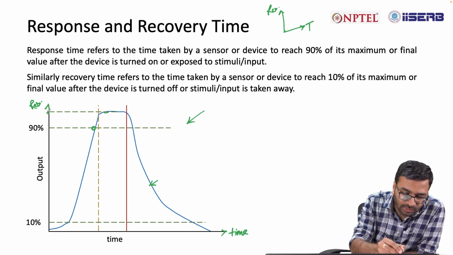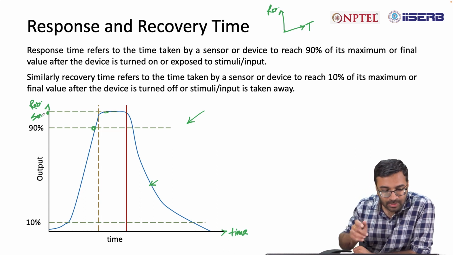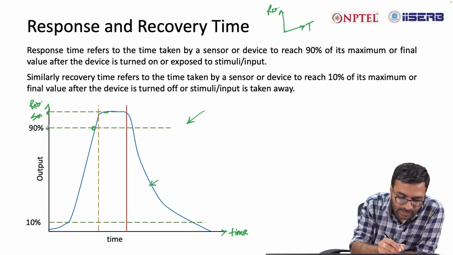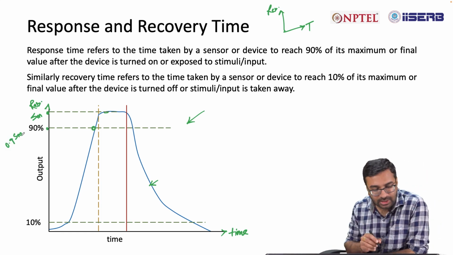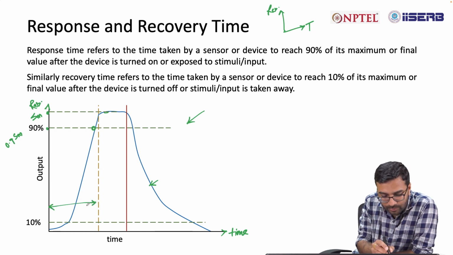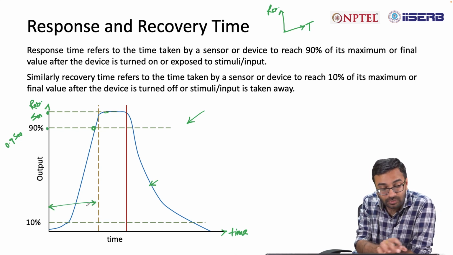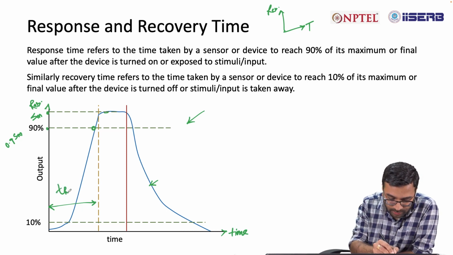This particular value is the maximum response, you can say S maximum, and this point is showing 90% of S_M, that is 0.9 S_M. The time taken by the sensor to reach 90% of the maximum value is known as response time.